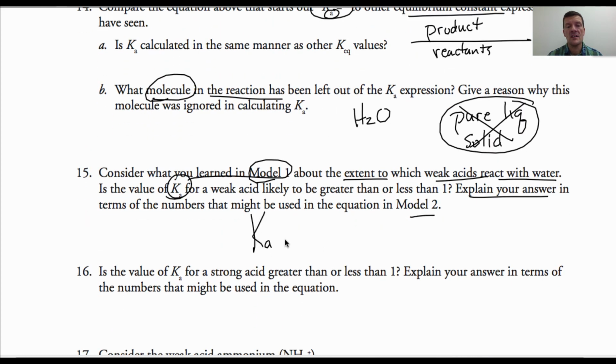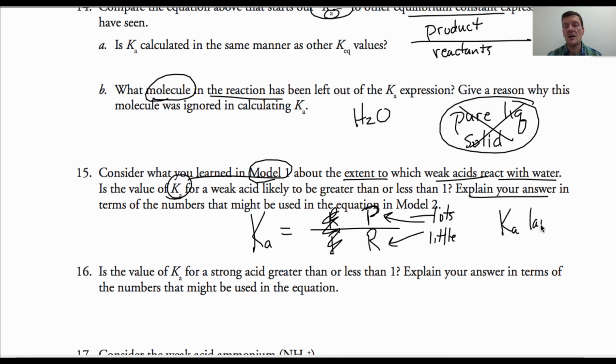If our K expression is products over reactants, if you have a lot of product and little reactant, then K is going to be large. When does that happen?